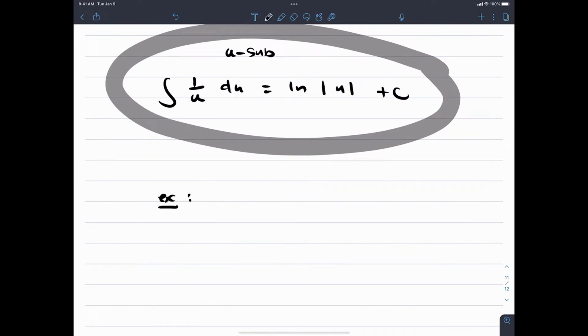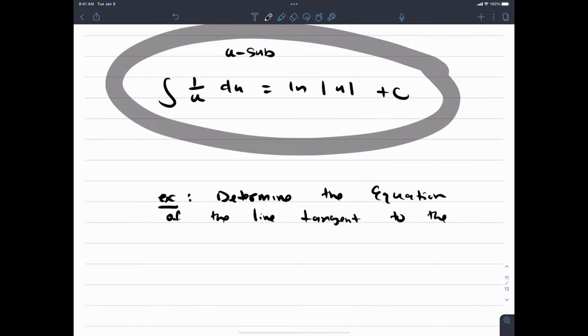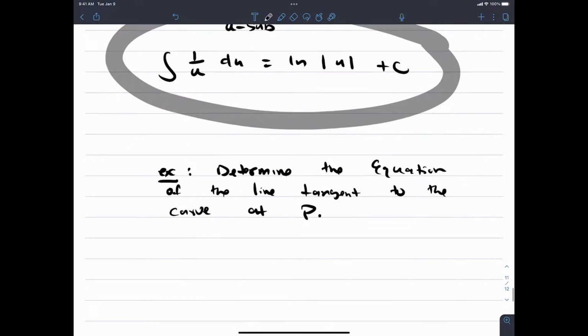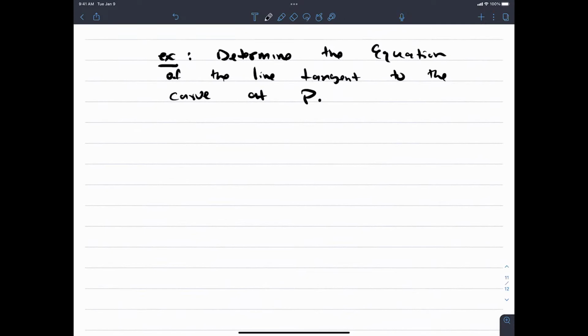So, for example, the tried and true: determine the what? Equation of the line tangent to the curve at some location P. So again, they're going to give you a function, and the function that they have here, we're going to start with natural log of what?